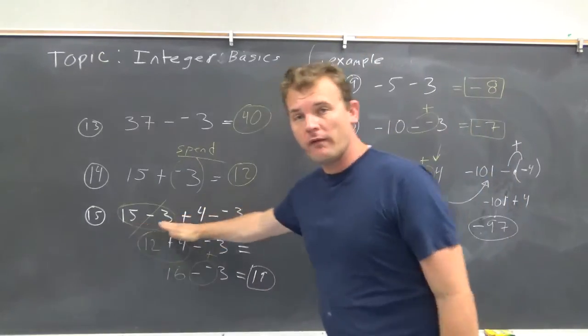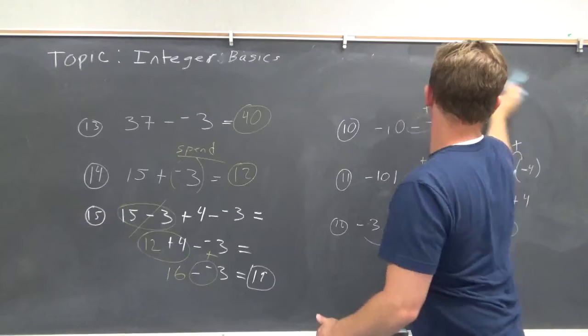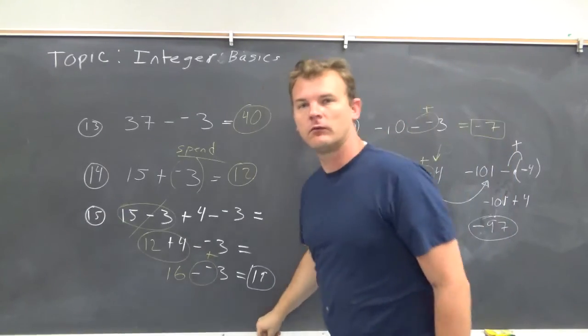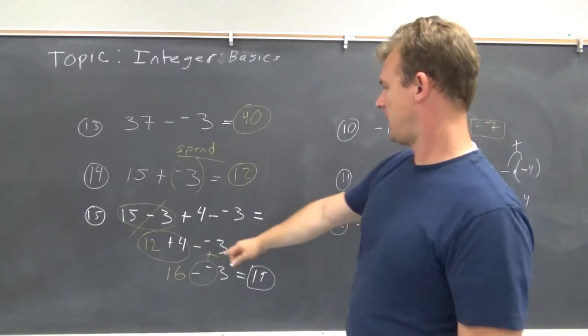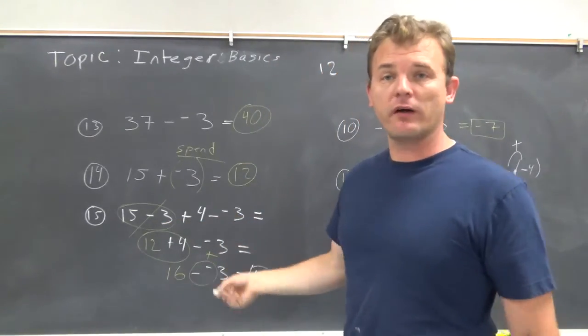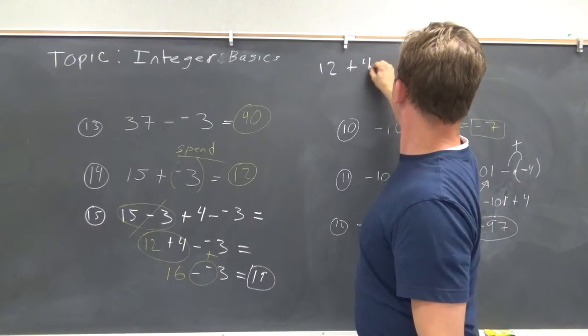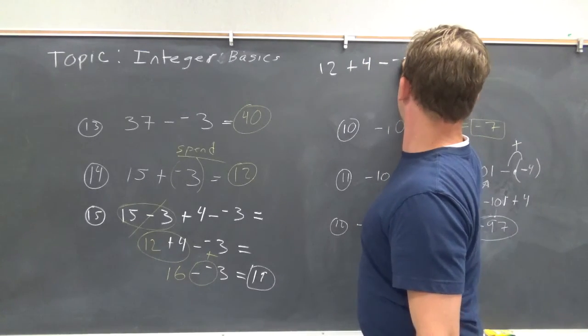Is this the only way of doing this one? No, but you have to be careful. So, real quick, let's see. This looks right. This is 12. This is just another way of checking the work. We're doing another way. We have plus 4 minus negative 3. Let's see.